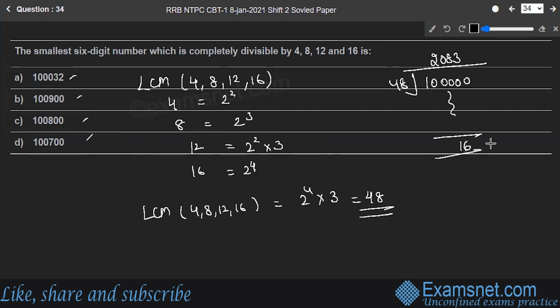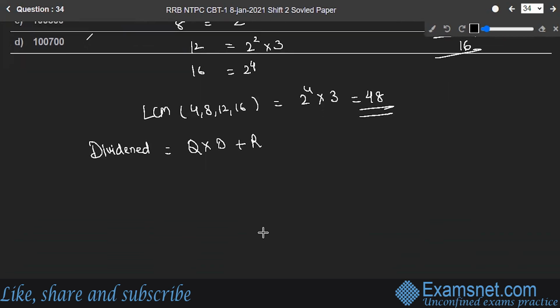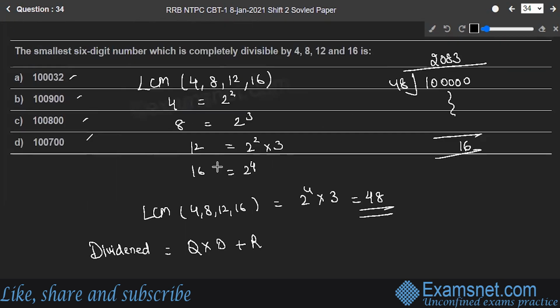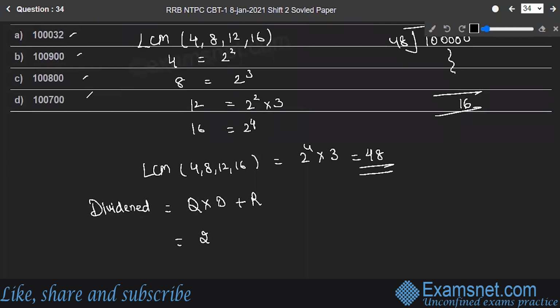So that means if I divide 1 lakh, the smallest 6-digit number, by 48, we will get a remainder of 16. One thing you know, dividend is equal to quotient into divisor plus remainder. So quotient over here is 2083 multiplied by 48, that is divisor, plus remainder. This is equal to 1 lakh, right?